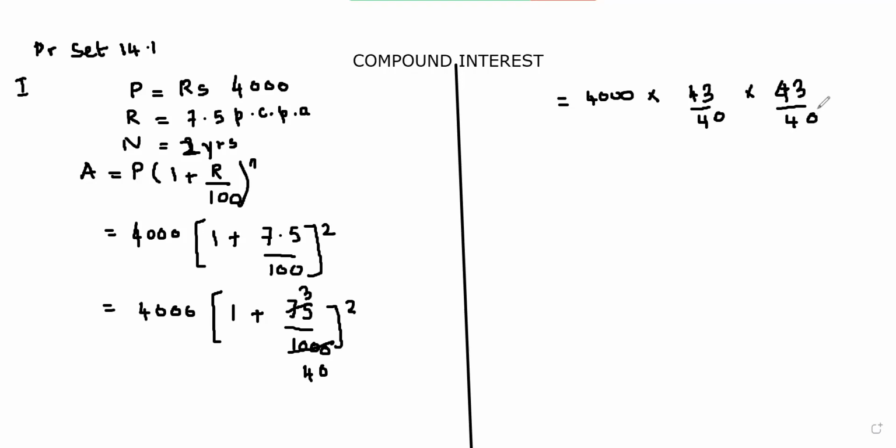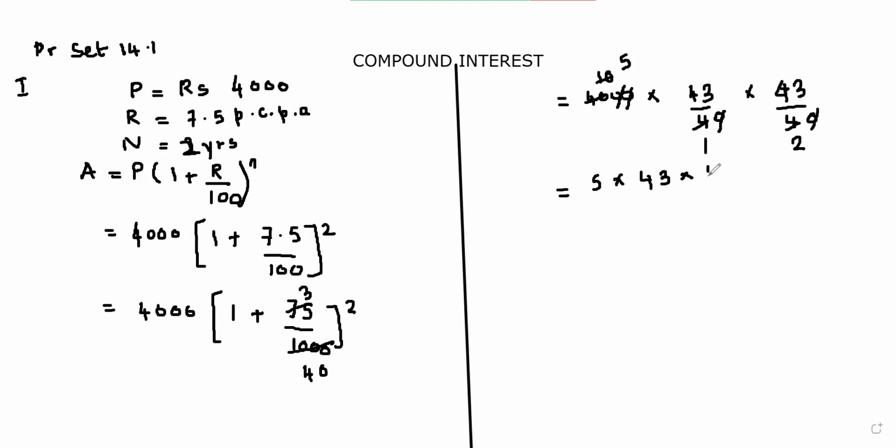Only twice. 2 zeros get cancelled. So 4 ones are 4, 4 tens are 40. This can be cancelled with 2 2s are 4, 2 5s are 10. So now I multiply 5 into, I have no choice, I'll multiply 5 into 43.